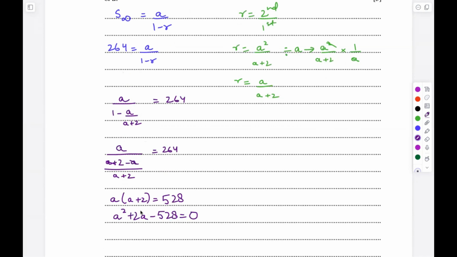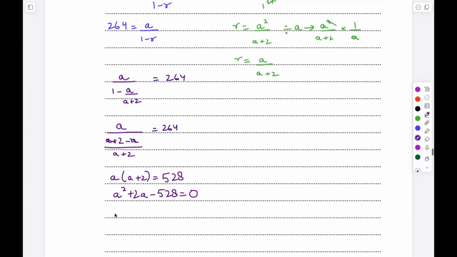Now we can use our calculators to solve the quadratic equation, or we can do middle term breaking, so that the two factors will be 24 and minus 22, as 24 times 22 is 528. So we'll do a squared plus 24a minus 22a minus 528 equals 0.